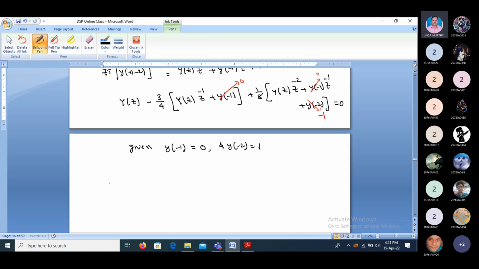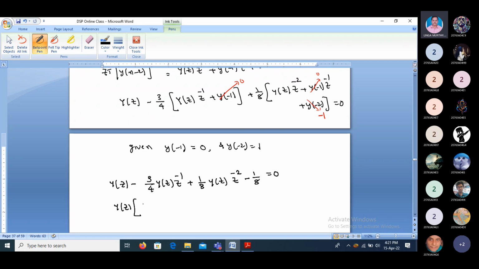Then finally the expression is Y of z minus 3 by 4 into Y of z into z power minus 1 plus 1 by 8 into Y of z into z power of minus 2 minus 1 by 8 is equal to 0. So now we can take Y of z common: 1 minus 3 by 4 into z inverse plus 1 by 8 into z power minus 2 is equal to 1 by 8.